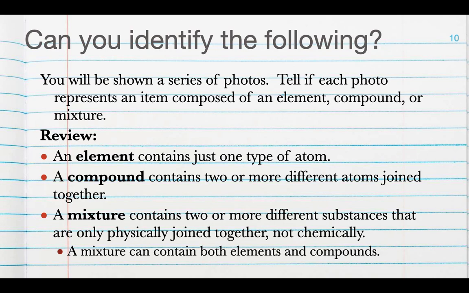For compound, contains two or more atoms chemically connected or chemically joined. Mixture, two or more physically connected or physically joined. So element, one type of atom or pure substance. Compound, two or more atoms chemically joined together. Mixture is going to be two or more physically joined together.